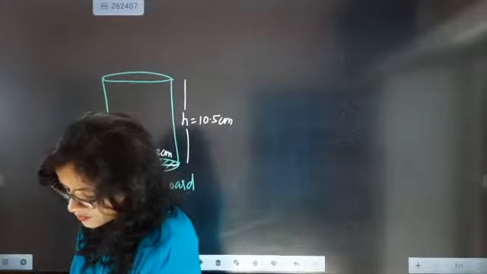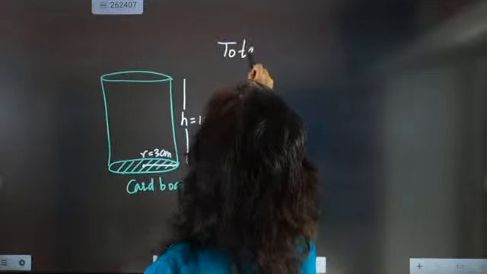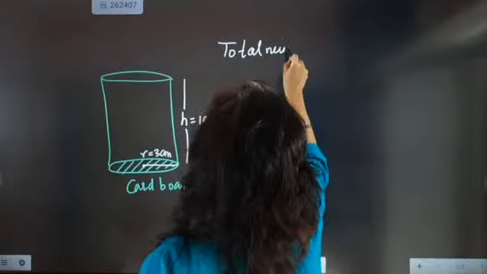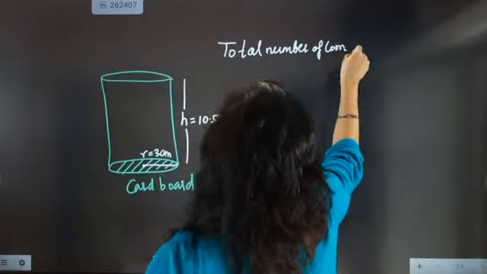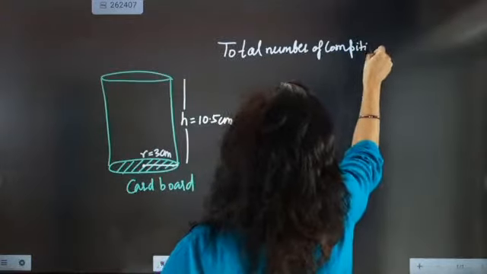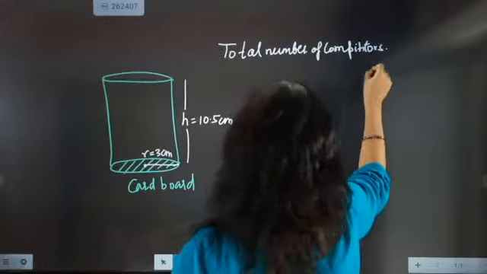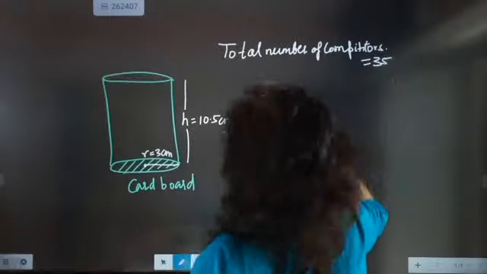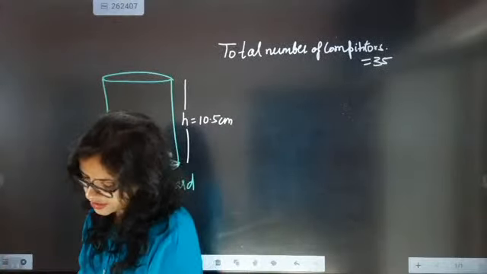Okay, now if the total number of competitors is 35, how many competitors are there? The total number of competitors is 35.